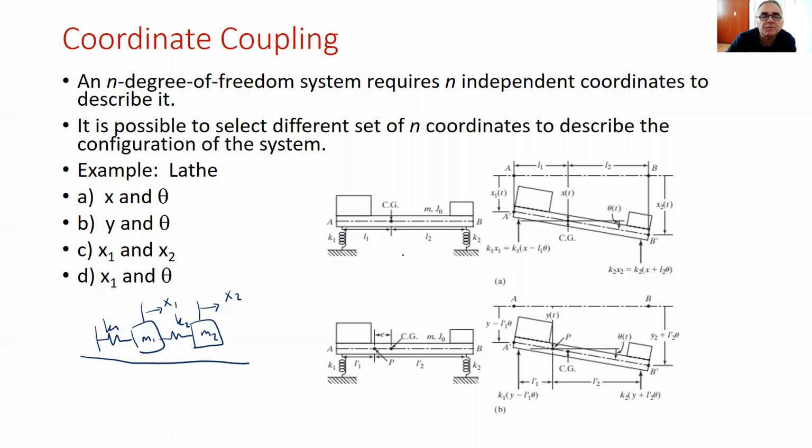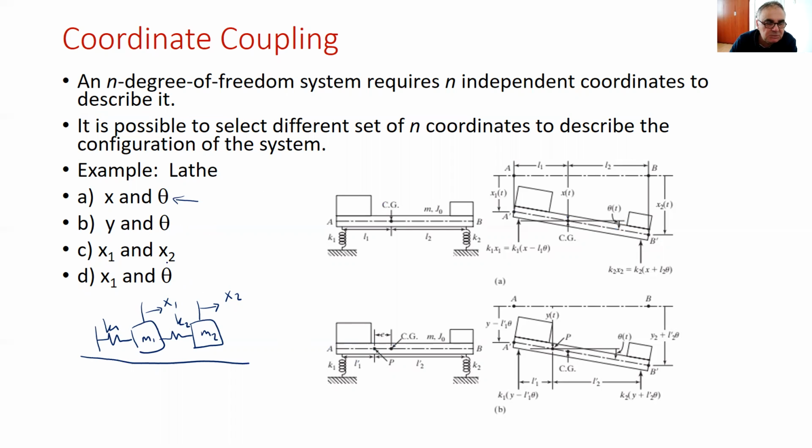Now, you would like to model the motion of this plank. This is a 2 degree of freedom system. If you want to write the equations, you have multiple choices. For example, you might choose the displacement of the center of gravity x and the rotational angle theta as a set of coordinates. Or you might use y and theta, y being a rather arbitrary point, let's say a distance of e from the center of gravity.